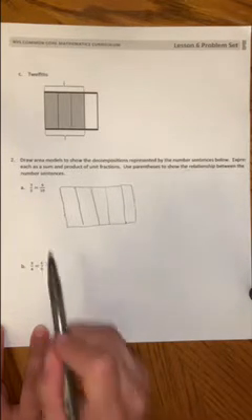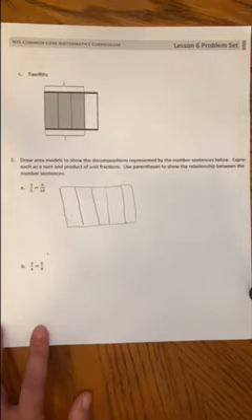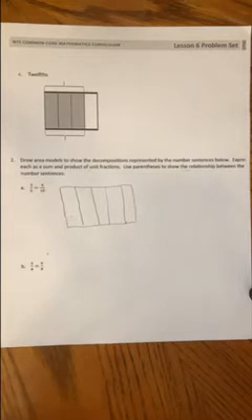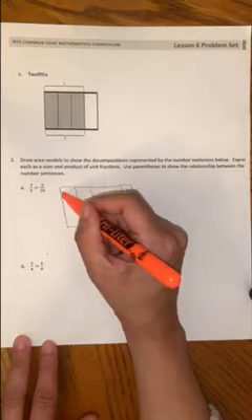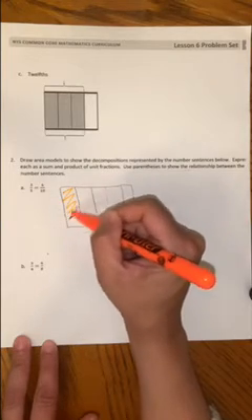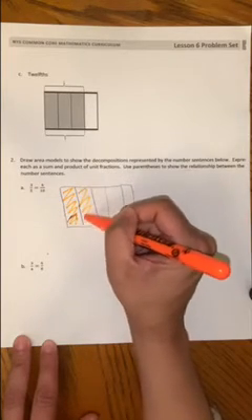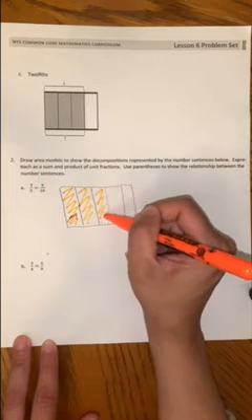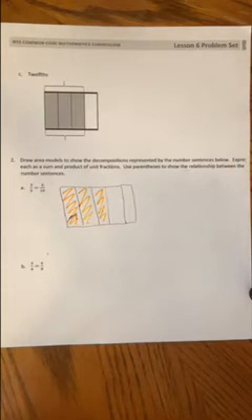Looks good. How many parts should I shade? Should I shade 3? Sure, let's go ahead and shade 3. 1, 2, 3. Do I have 3/5? I sure do.